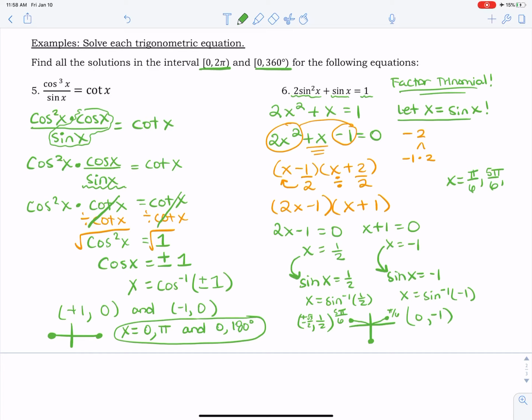And then this one is 3 pi over 2. And with our degrees, well, pi over 6 is the same thing as 30 degrees. 5 pi over 6 is 150 degrees. And 3 pi over 2 is 270 degrees. And this is your final answer.